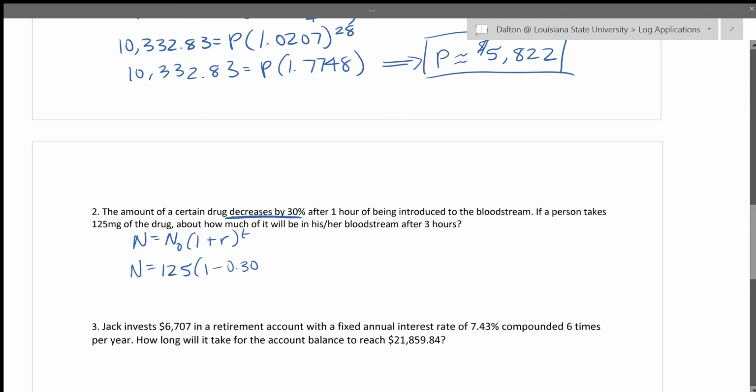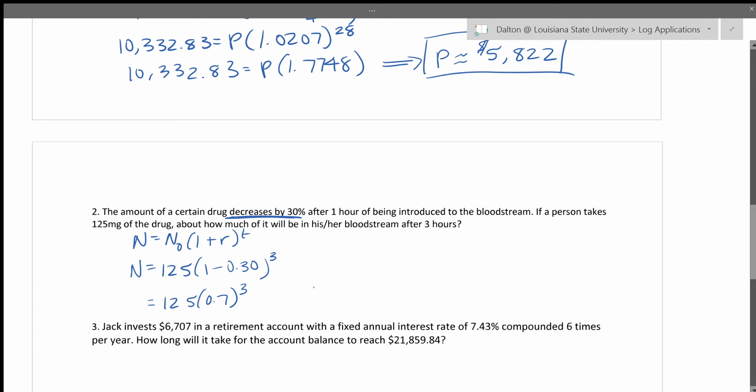So it's usually like 0.00 or 0.0 something, but remember 30% is just 0.3. All raised to the time, which is after 3 hours. And then if I simplify this slightly, I get 125 times essentially 70% of the drug to the third power.